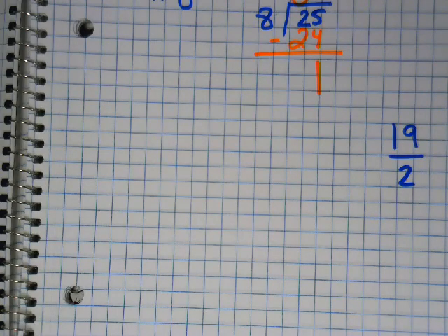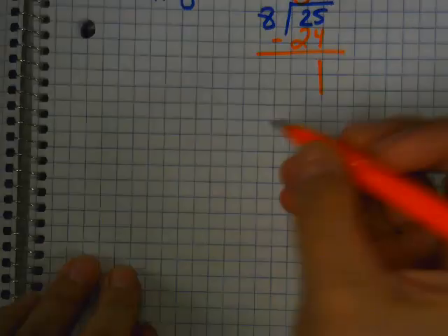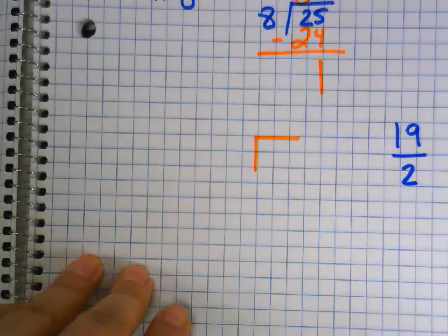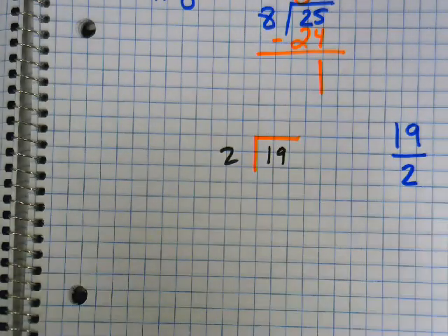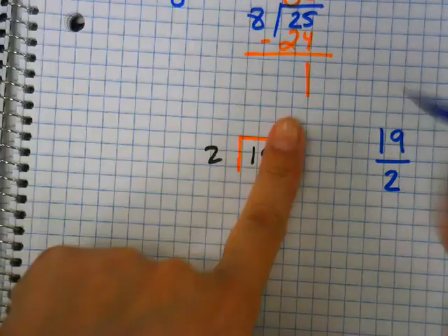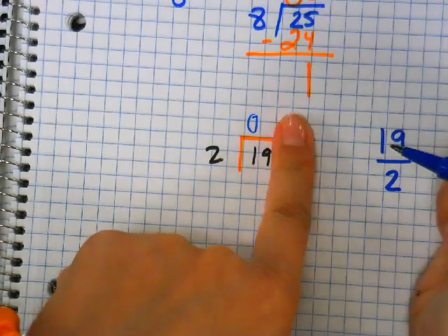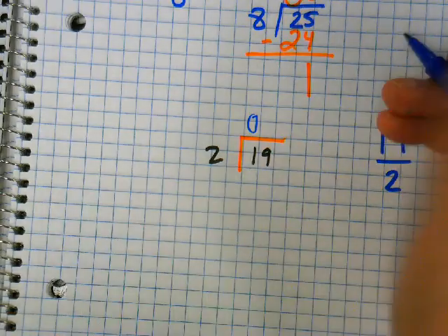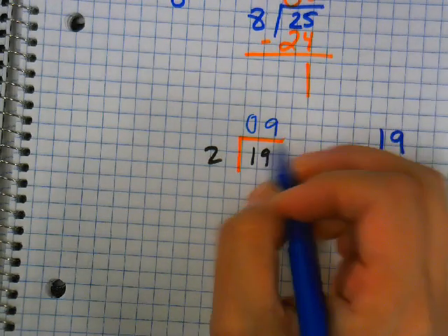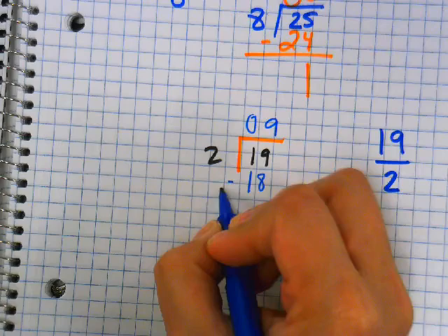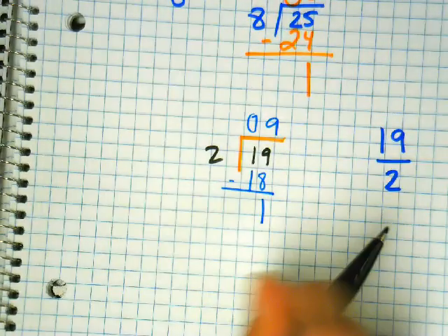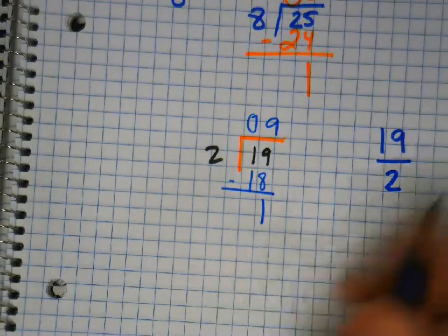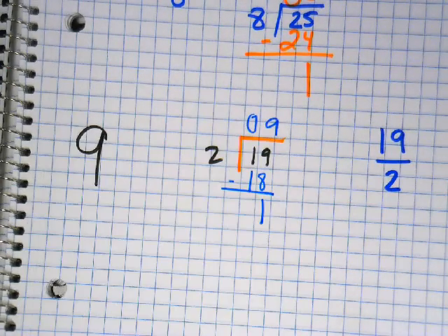What number goes inside? 19. 2 goes outside. 2 goes into 1, 0. 2 goes into 19 how many times? 9. 9 times 2? 18. Remainder? 1. Okay. What's my big whole number? 9. What's my numerator?